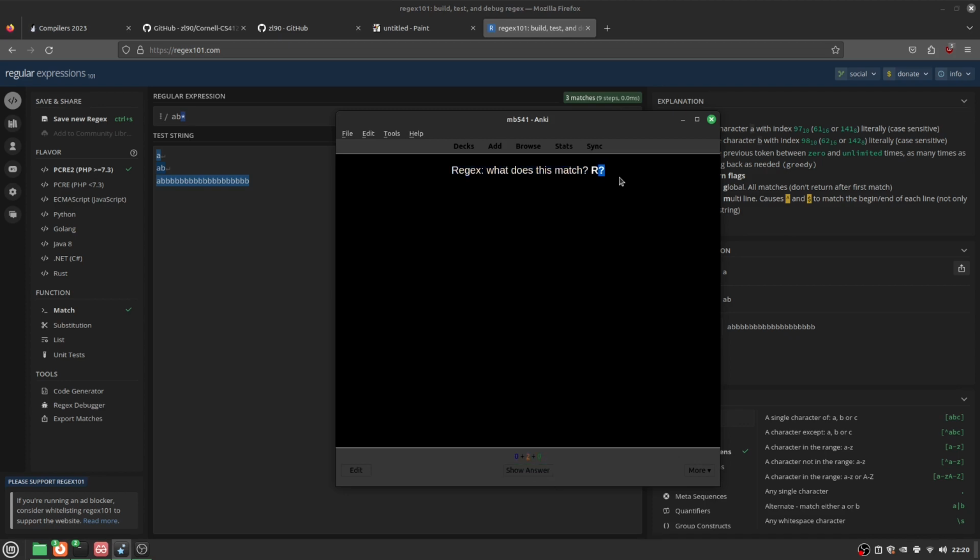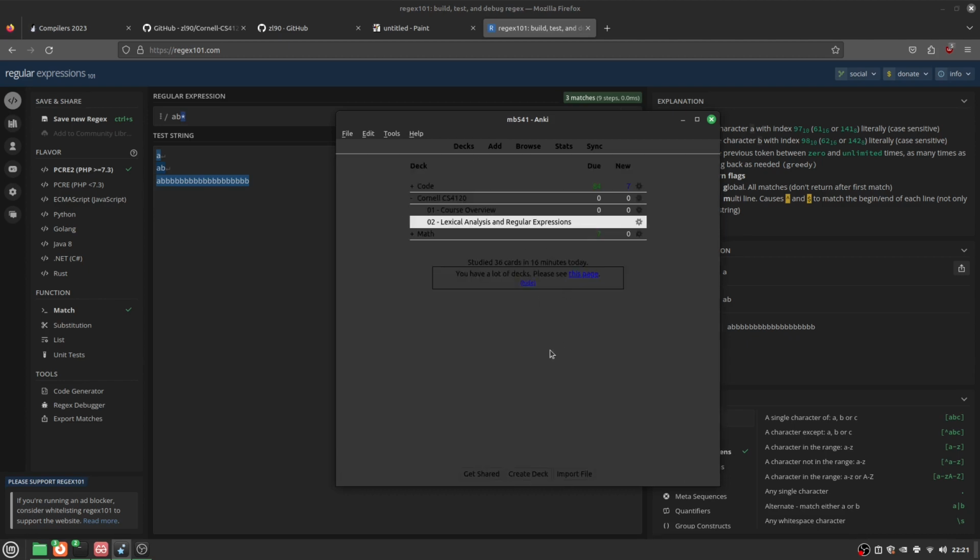Good. What does this match? R question mark matches the language of R or the empty string. A set containing the language of R and the empty string, that is. What does this match? A concatenated with the empty string is a set containing A, and that's it. Cool. All right.